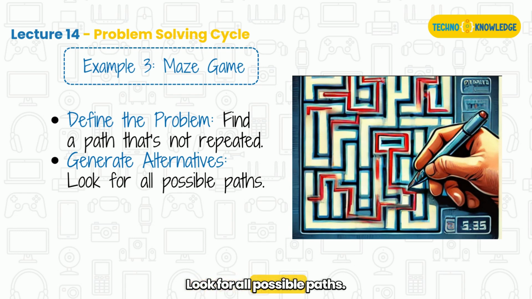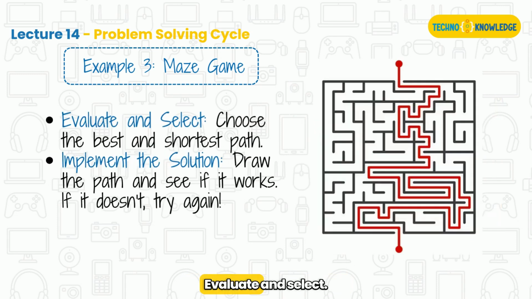Look for all possible paths. Evaluate and select. Choose the best and shortest path. Implement the solution. Draw the path and see if it works. If it doesn't, try again.